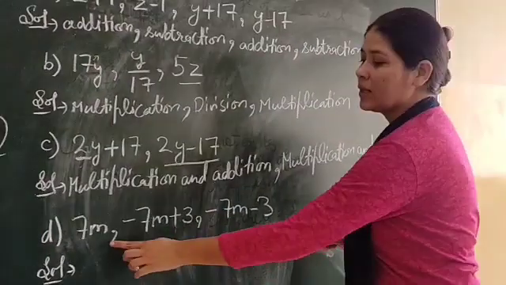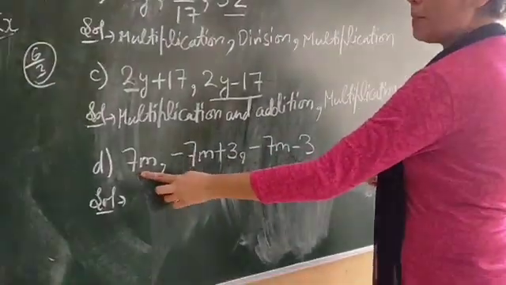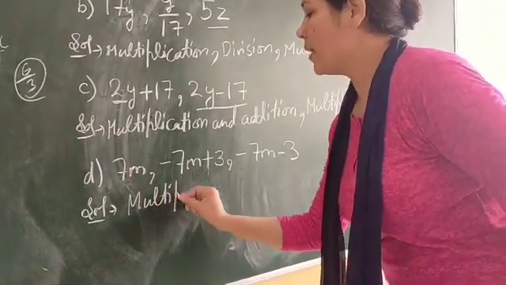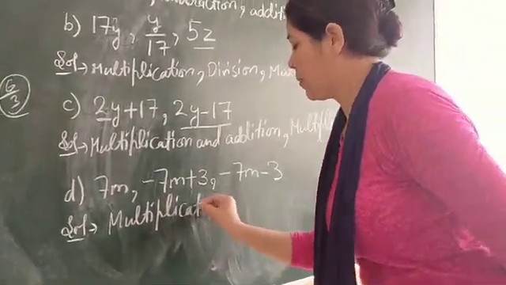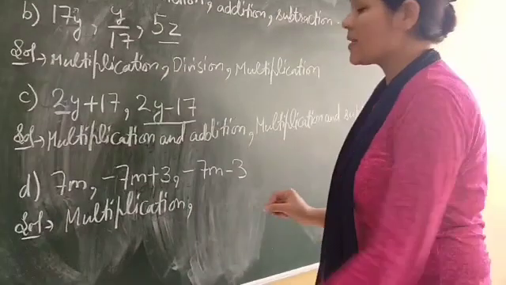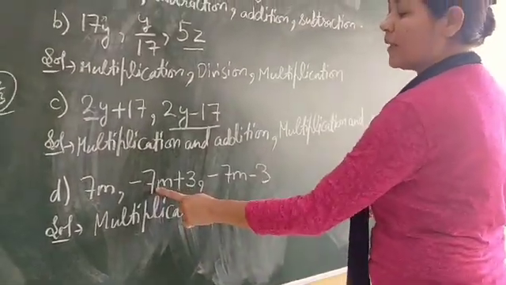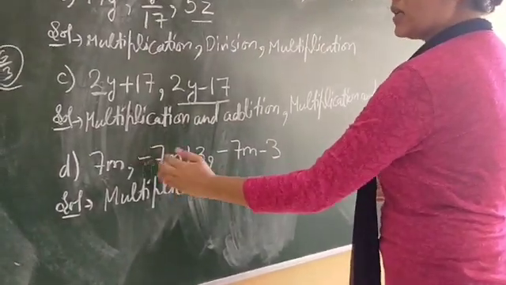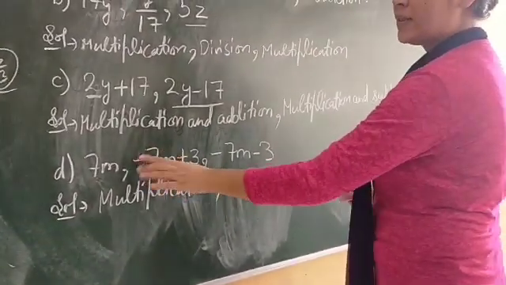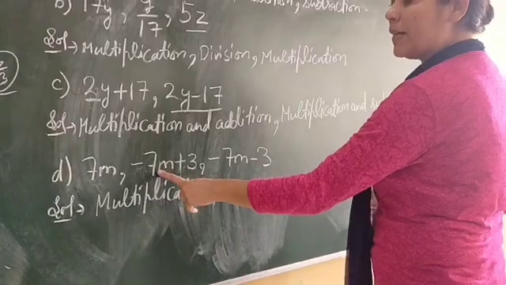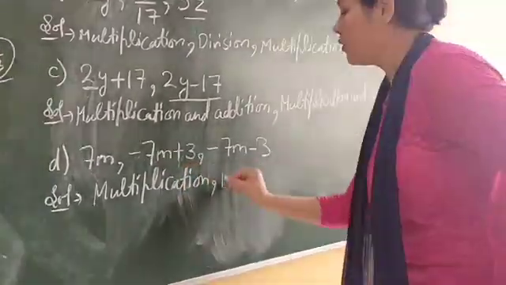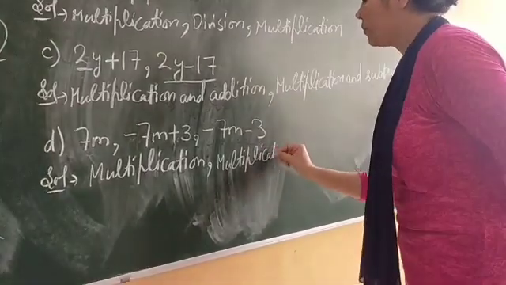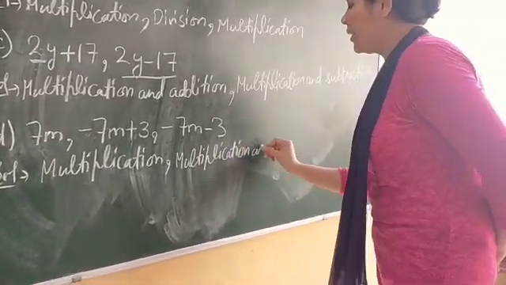Now D part, in this expression only multiplication is there. So you will write here multiplication. In next expression there is multiply and addition. We will not use this because it is coming on first place. Okay? So we will check here multiply and addition. So you will write here multiplication and addition.